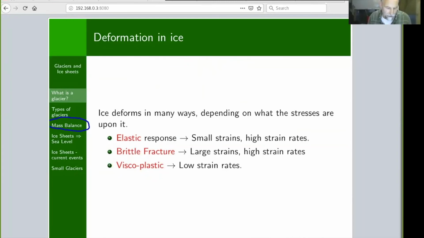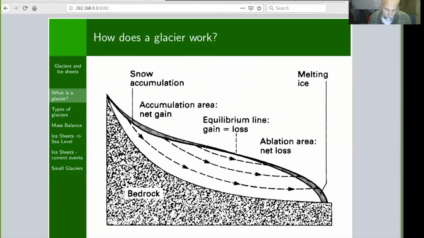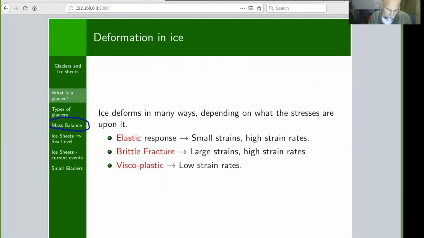We could also work on the discussion of how ice sheets and sea level are combined. We can also talk about more current events in ice sheets. I know that Thwaites Glacier was one of the things advertised in my discussion. And then I talked a little bit about small glaciers at the very end.